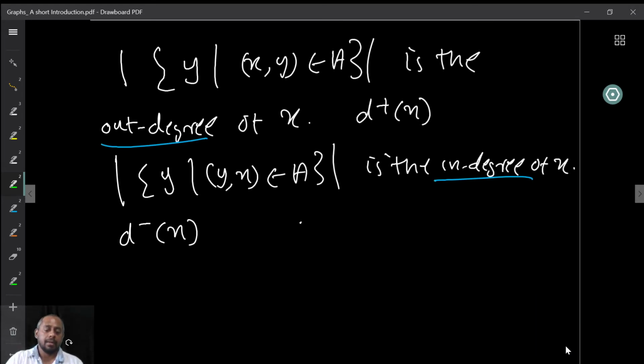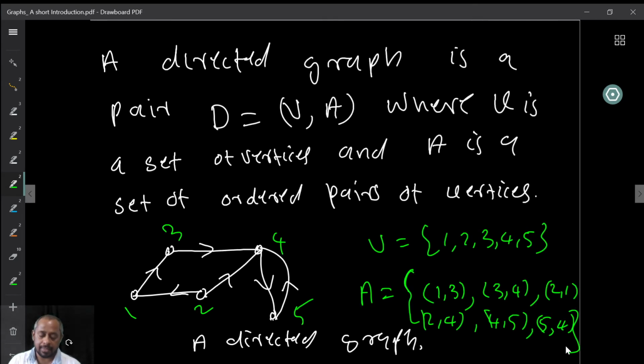Now, if you look at the set of all vertices y such that xy is an arc in the graph, and look at the cardinality of this set, this is called the out degree of x. It means that you are counting the edges that are going from x to some other vertex. For example, look at vertex 2: there are two edges, 2 to 4 and 2 to 1, going out of it.